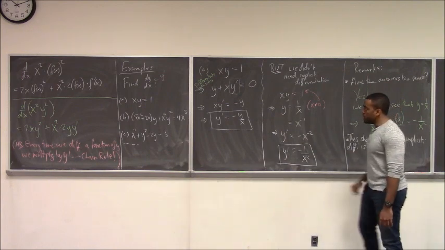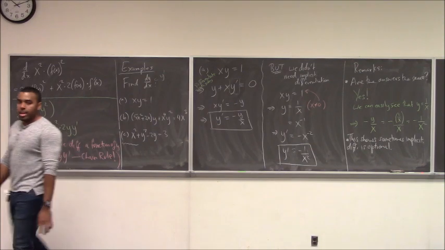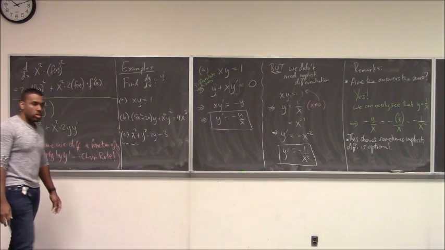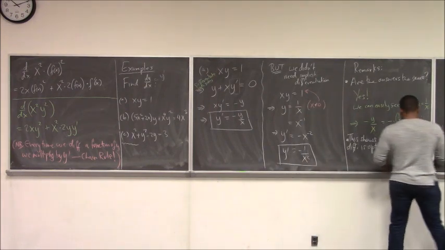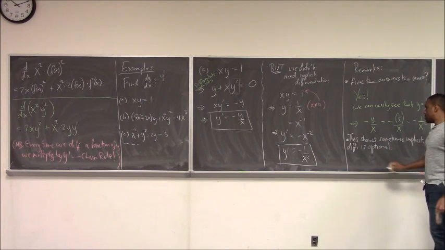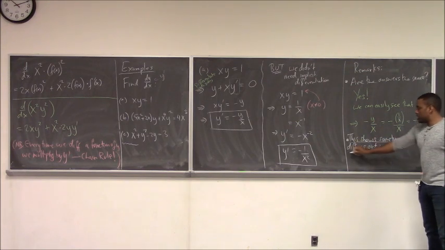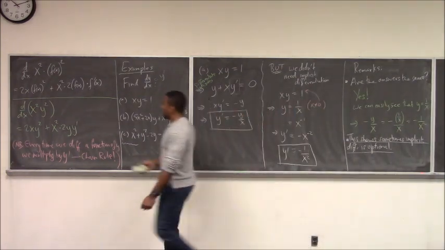Sometimes a problem comes to you in a jumbled form, but it's easy to just solve for the y and do things the old way. You don't technically need implicit differentiation. So, sort of overcomplicating things here. So, turns out sometimes implicit differentiation is optional. Now let's look at the second example.